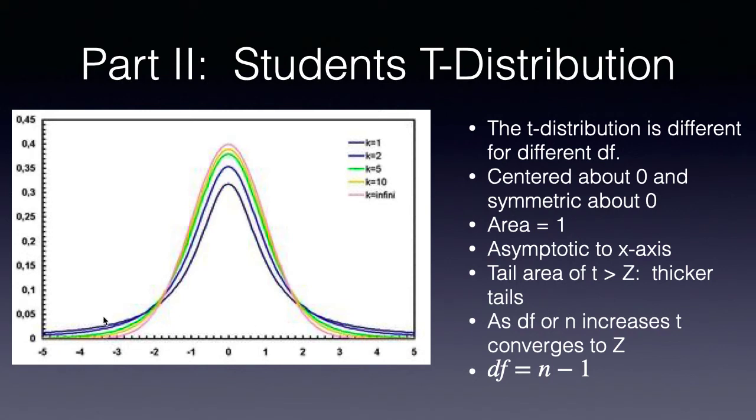Okay, and same over here, notice all these t curves are thicker in the tail. And the reason why that is important is in order to get that alpha area, you have to move further out into the tail area. So that means we're going to end up by default with a wider interval.